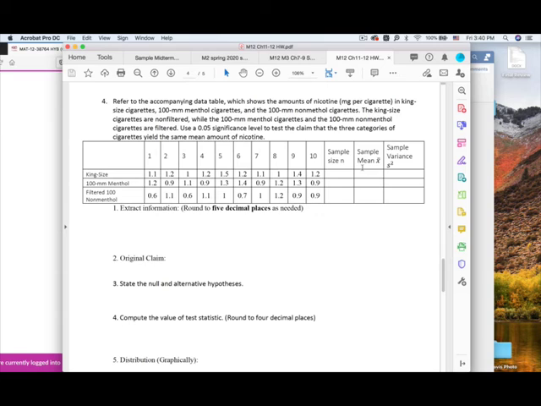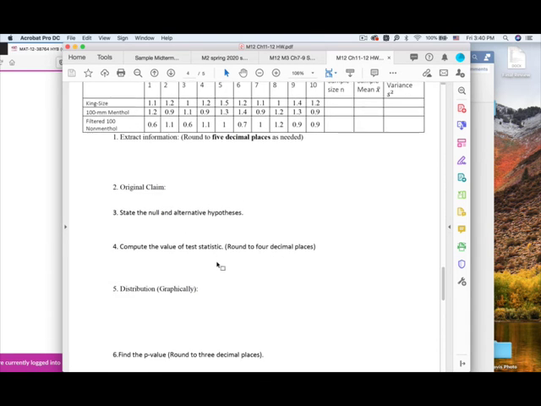Just strictly using the calculator, find the sample size, the K, the degree of freedom of numerator, degree of freedom of denominator, and also the variance between the samples and the mean of the sample variance. You could check using your calculator without using this table. Okay, that's up to you guys. As long as you show me all these correct answers, you get the credit.